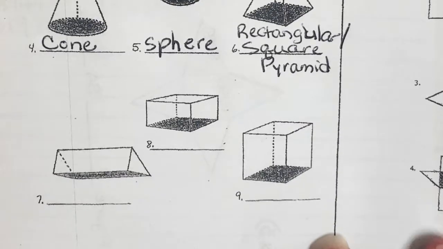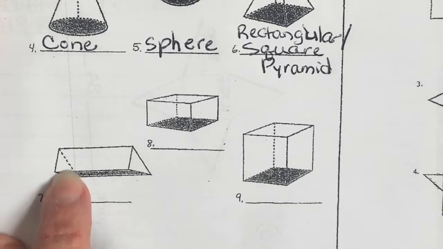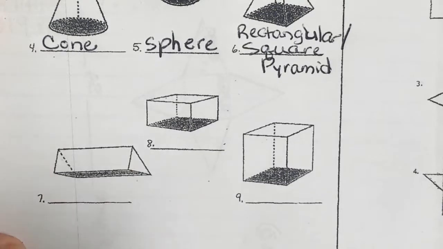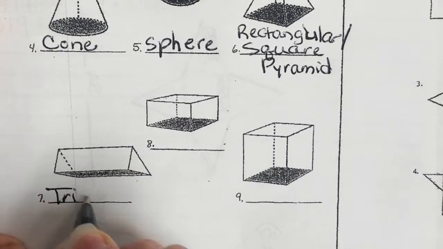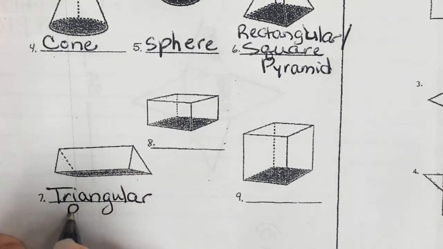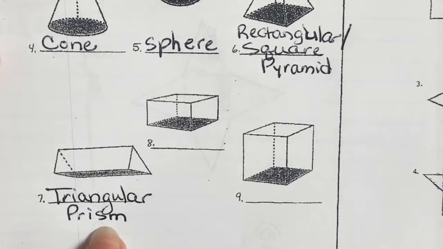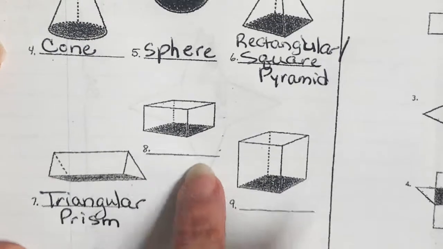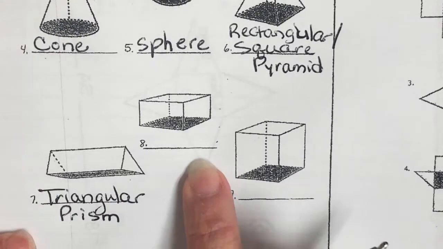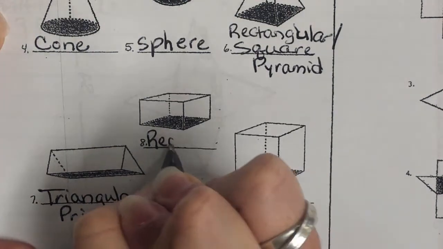Okay. And question? No. Okay. 7. The ends are what? Triangle. So it's a triangular prism. When they're flat on each end, they're called prisms. Those flat ends make prisms. Okay, 8 is a rectangular prism.